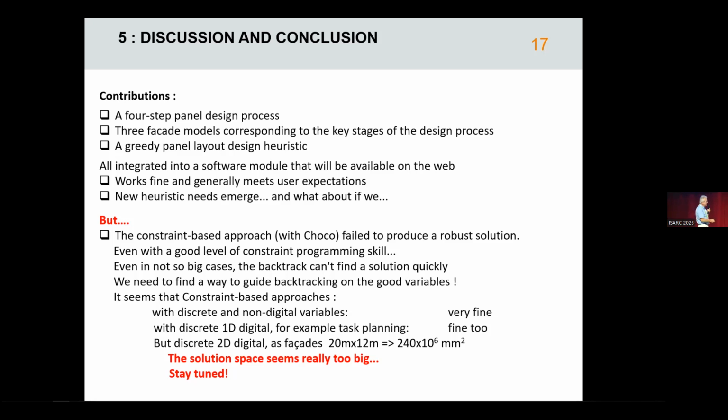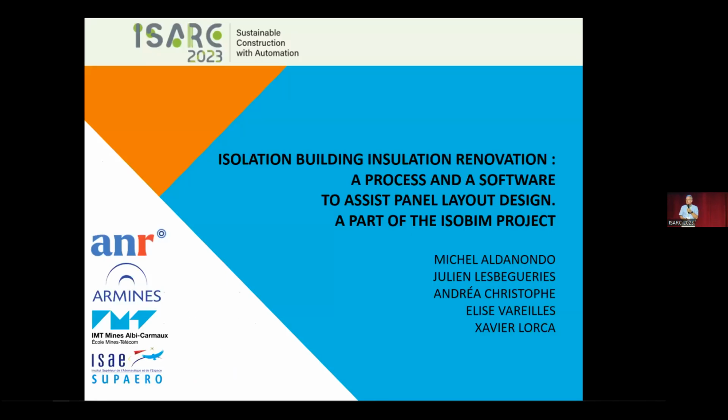So the solution space for a facade is 240 million square millimeters. This means you have a huge solution space, and so maybe it's not so good for that. The solution space seems really too high. So stay tuned. We are trying to find ways to reduce the solution space. I think this is the end of my talk. If you have any questions.